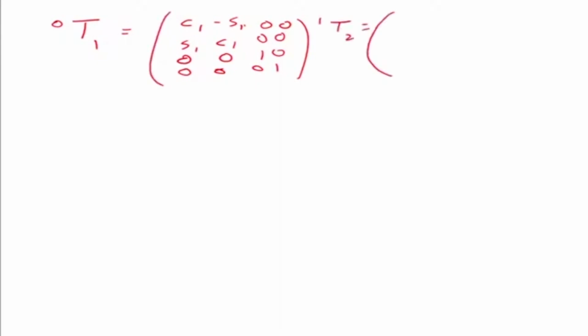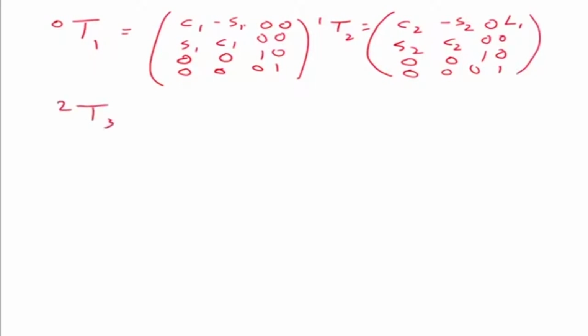T1 to 2 is cos theta 2, minus sin theta 2, sin theta 2, cos theta 2, 0, 0, 1, with L1 in the last column and 0 0 0 1 in the last row. And what is T2 to 3? This is the third one, which is an identity matrix, with L2 in the last column and 0 0 0 1 in the last row.